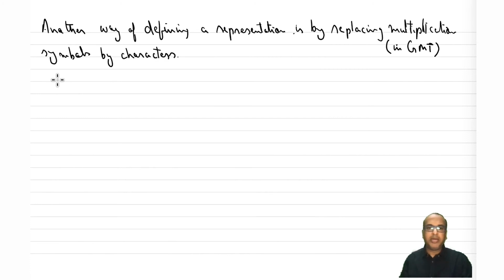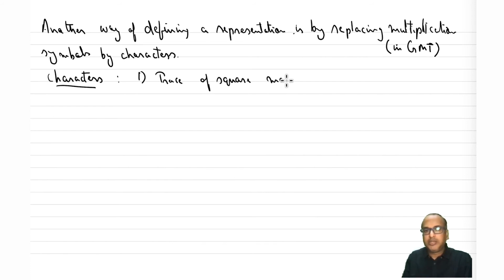So what do I mean by characters? Characters can take any form. So let us define the characters. What are the different types of characters? We have seen that the trace of square matrices can be characters. So let us see the trace of square matrices.